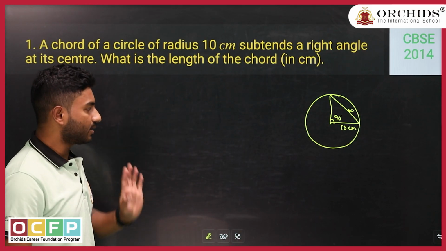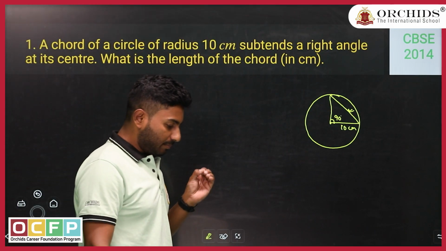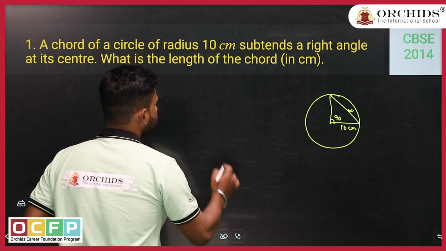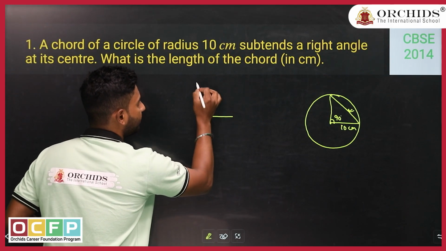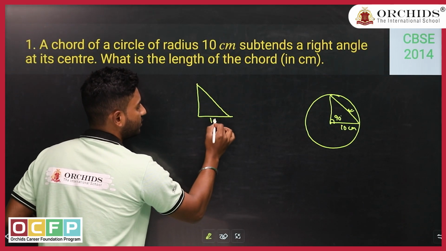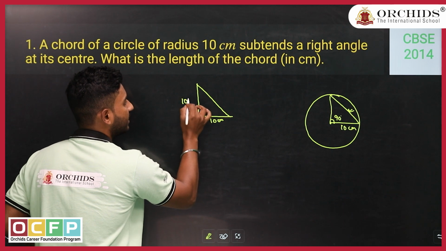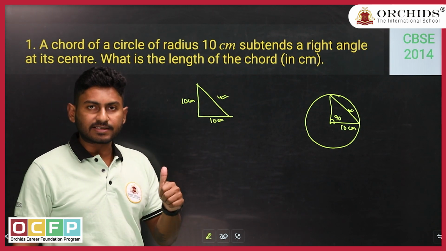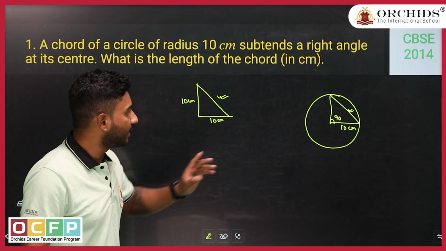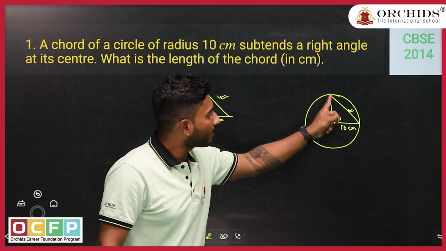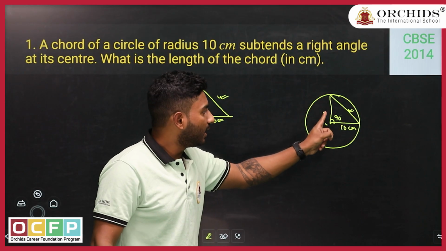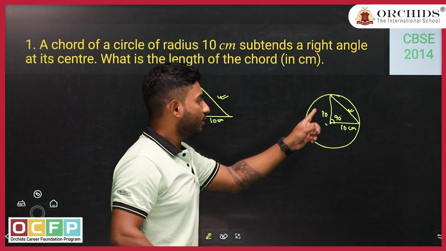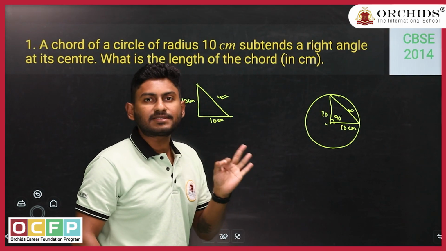Here you just have to understand the basic fundamentals of a right angle triangle. In a right angle triangle, if two sides are given, this is 10 centimeter, this is 10 centimeter, can we find the length of the hypotenuse? Yes, by Pythagoras theorem, correct? Here also this is a right angle triangle. Why is this 10 centimeter? Because this is also a radius, and both radii have to be 10 centimeter.